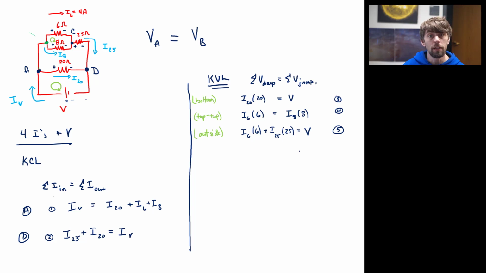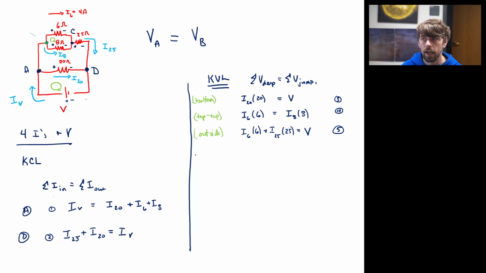Okay? If we look at this, we go, sub and solve, yada yada yada. Let's focus in on equation 4 for a moment. And the reason I'm focusing in on equation 4 is let us not forget that we actually have the current going through the 6 ohm resistor. That was given in our problem.